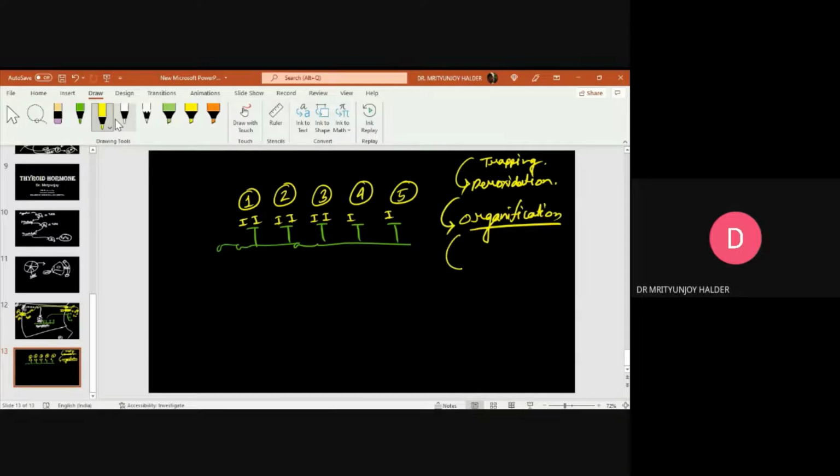After organification, there is fusion of two adjacent tyrosine molecules, that is called coupling. What happens actually? Suppose this is one tyrosine molecule, this is another tyrosine molecule.